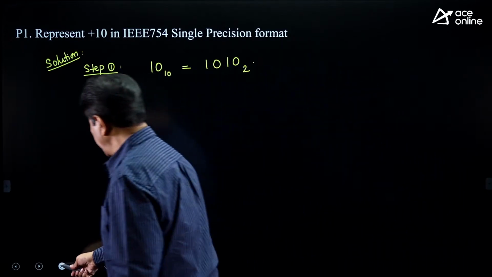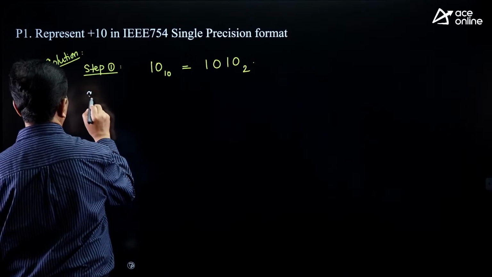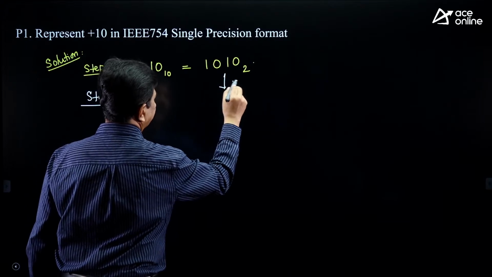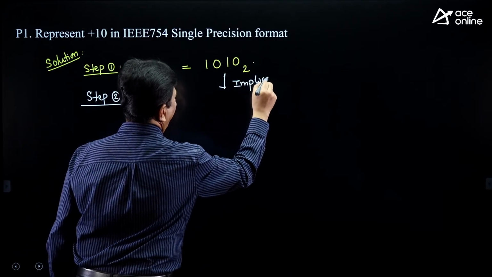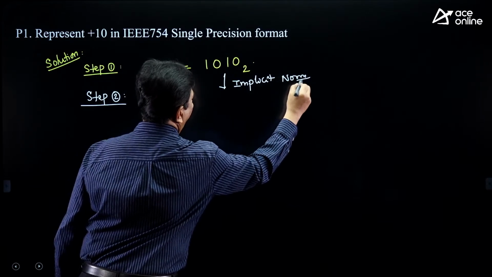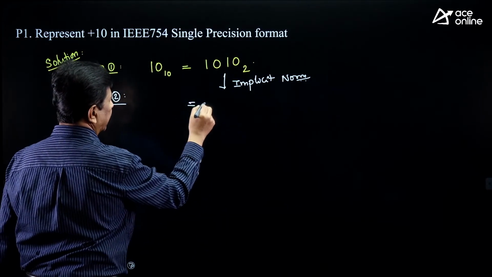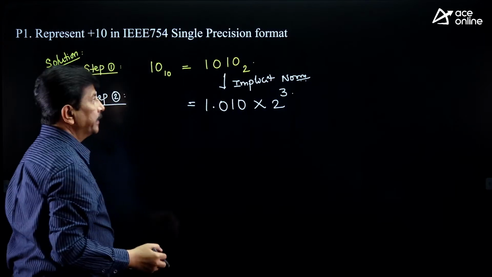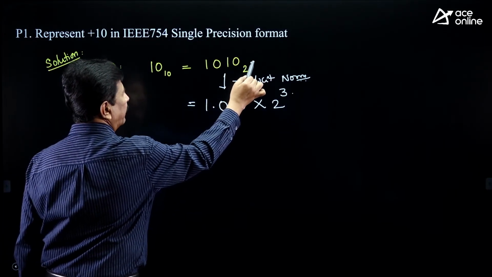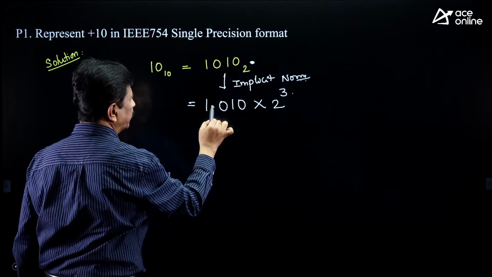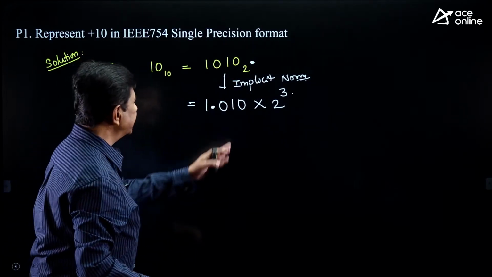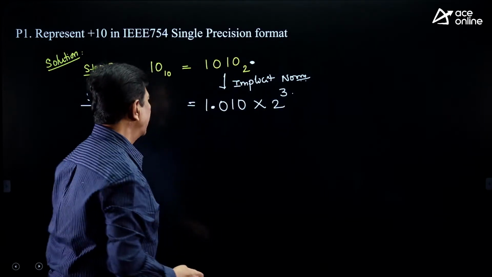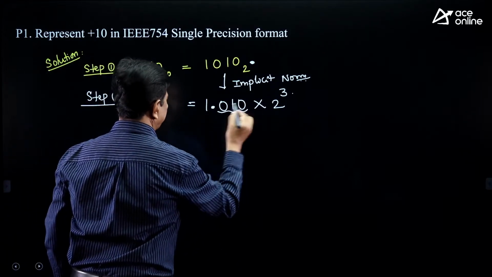Step 2, go for implicit normalization. This implicit normalization can be written as 1.010 into 2 power 3. That means the binary point, which was originally here, I moved it to this place. As it is moving towards the left side by 3 bits, I have to write it as 2 power 3. And then this is going to be your mantissa.